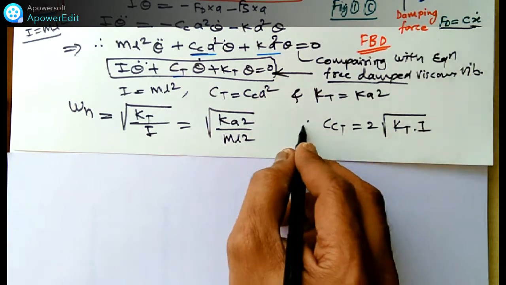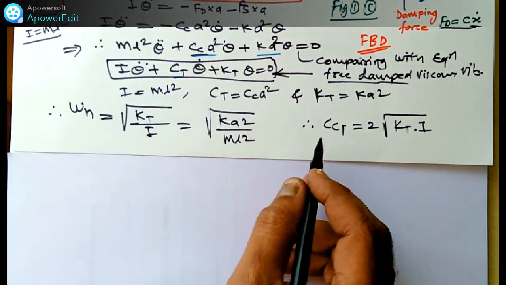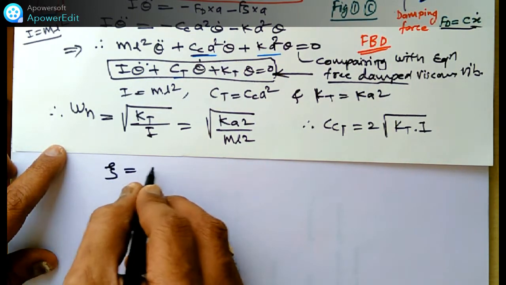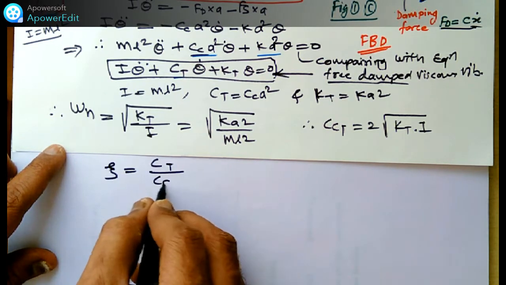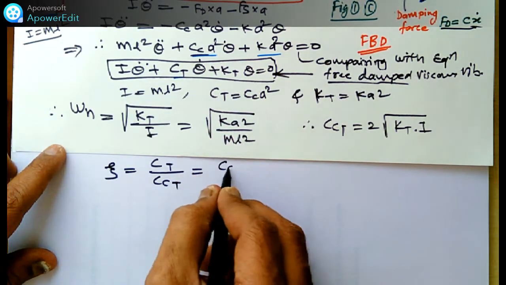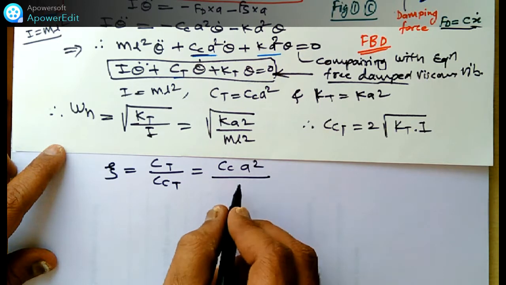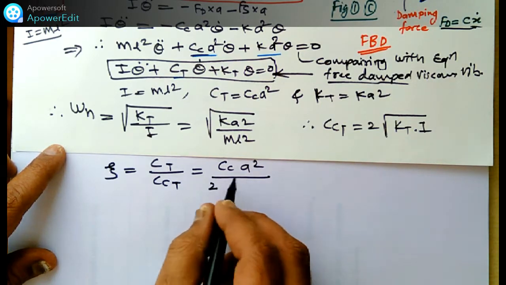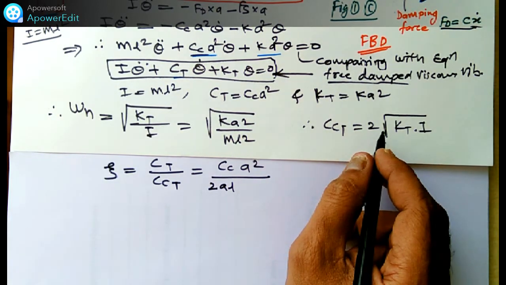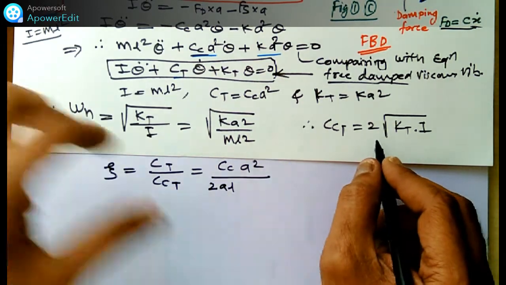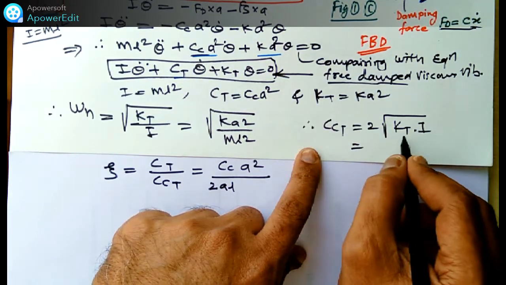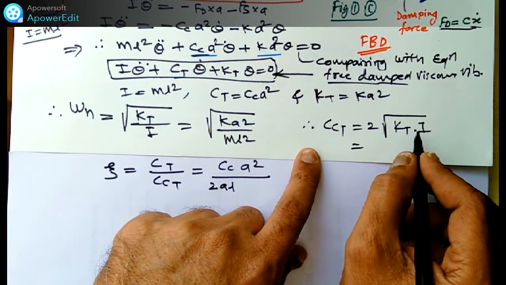Then from this zeta we can write here zeta is equal to Ct upon Cct, critically damped ratio. The Ct, already we know value of Ct is Cc into a square upon this 2al. Okay, just putting these values here, we can also calculate the value of this one, Cct, putting this value of Kt. Kt is how much? Is Ka square. Okay, under root of Ka square. We will write here the values, we can easily understand.